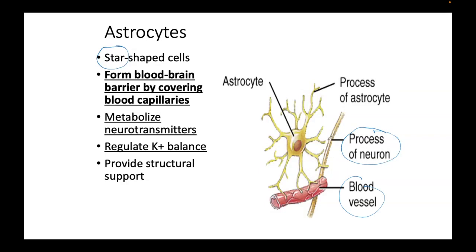Here's a blood vessel. The astrocyte is the bridge between the two, connecting them. So we call it the BBB, which means it forms the blood-brain barrier by covering the blood capillaries and connecting to the neurons. They're designed to metabolize neurotransmitters, and they're regulating potassium balance.